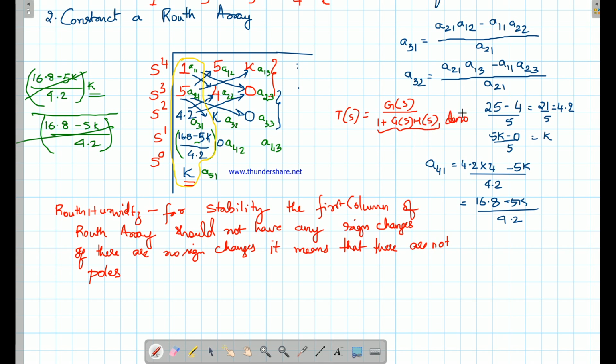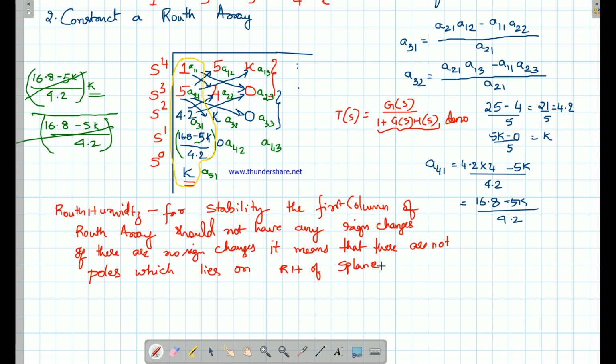For a closed loop control system, the roots of the denominator are poles and the roots of the numerator are zeros. Therefore, if there are no sign changes in the first column of the Routh array, there are no poles on the right half of the s plane.